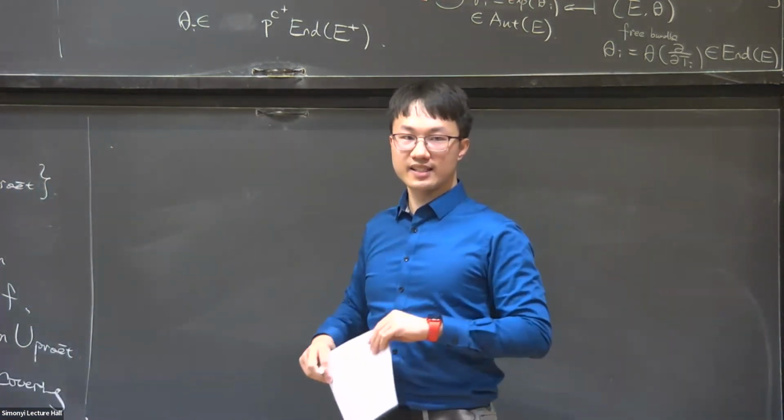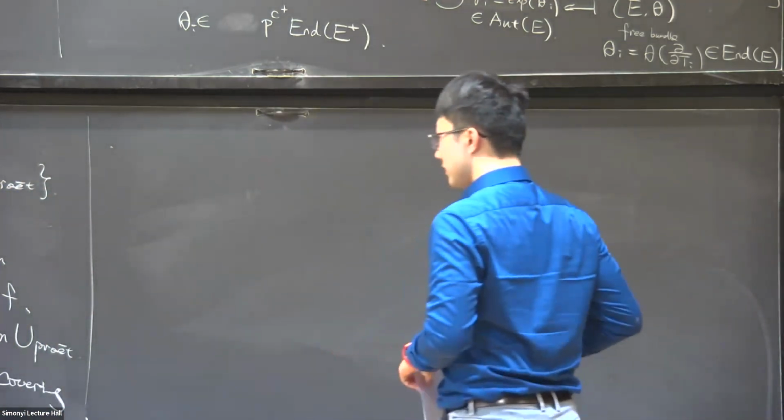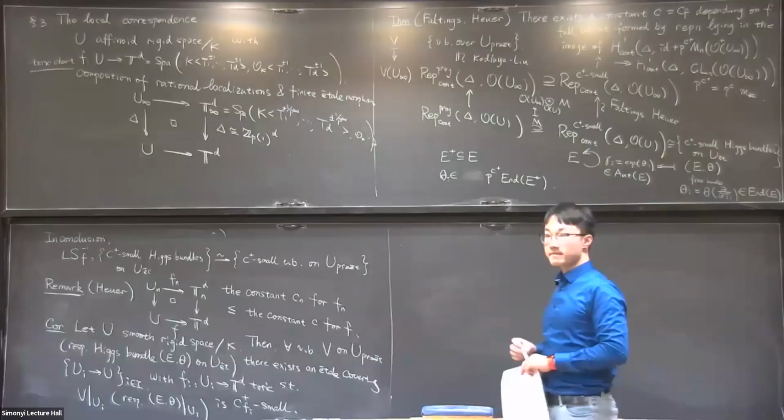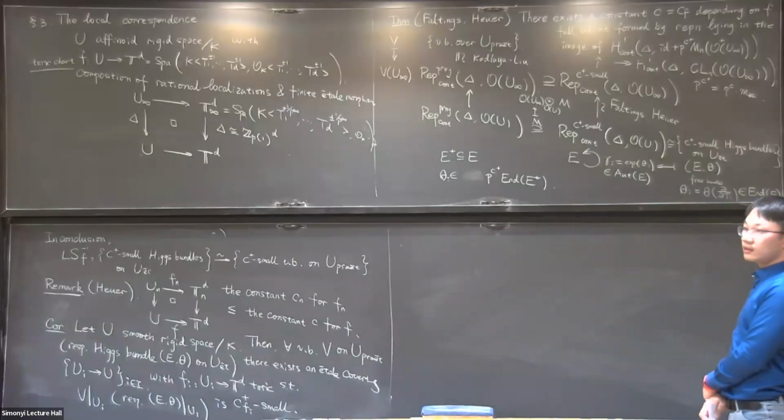Any questions? I'm still confused. So the C in the theorem of Faltings, is it not a uniform constant?